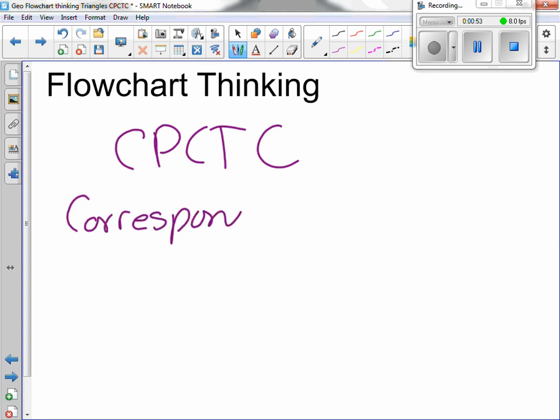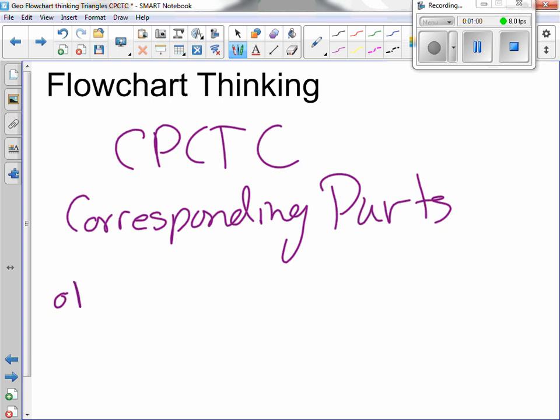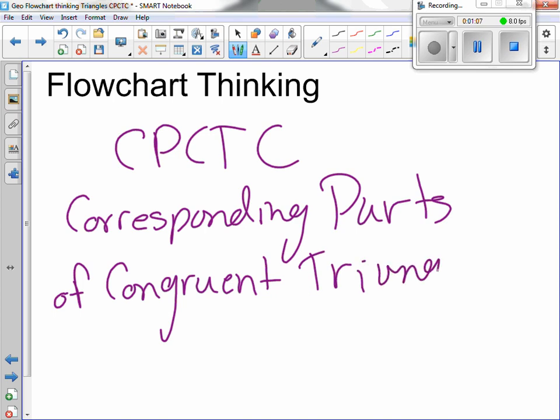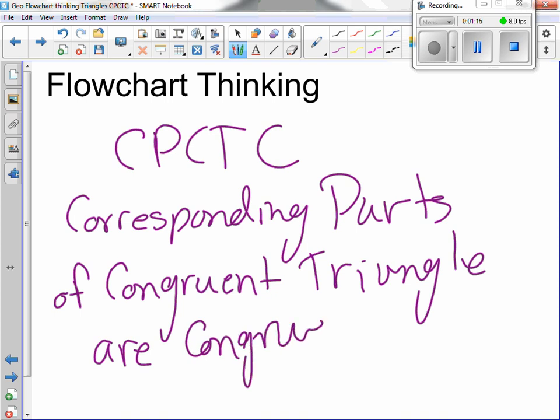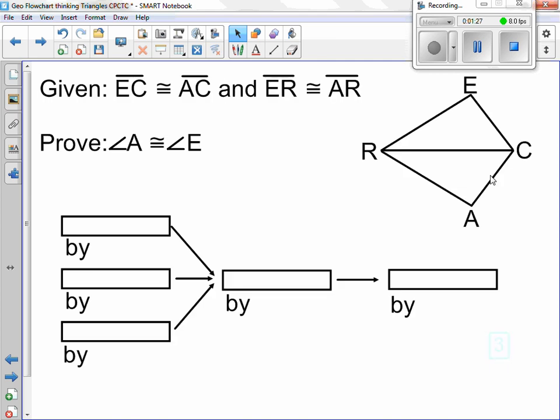Corresponding parts of congruent triangles are congruent. CPCTC. So we're going to be using flowchart proofs and CPCTC together.